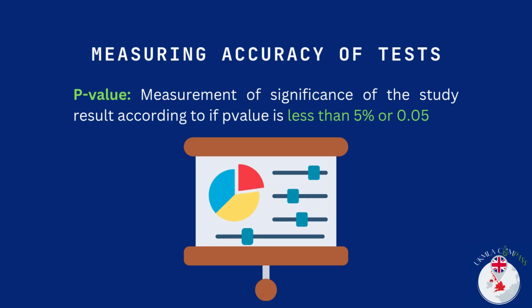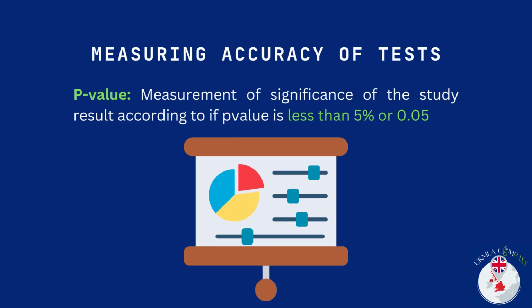Next, we have the measurements of knowing the significance of the study, whether it's actually accurate or not, whether it's sensitive, whether it's specific. How can I tell if this study is a good one? Firstly, we have something that we call the p-value. The p-value is a measurement to know whether the result of this study is significant or not.